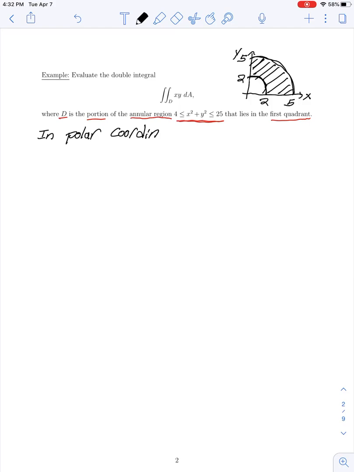So here in polar coordinates, our region D could be described by the set of all points (r, theta) such that the radial coordinate r can range from 2 to 5, and our angular coordinate theta we see could range from 0 up until pi over 2, since we're only working in the first quadrant.